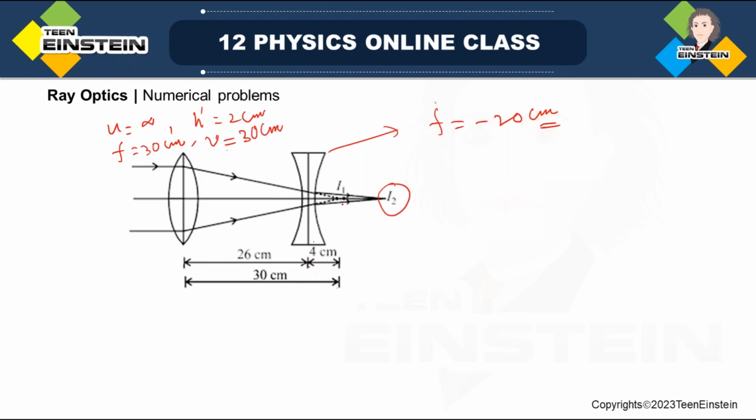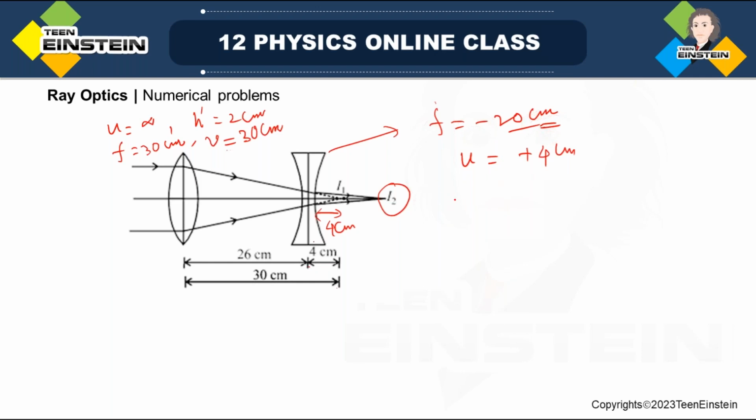So what is the object distance for the concave lens? It will be 4 centimeter, positive 4 centimeter, and the focal length is 20 centimeter. Now we have to find out where the image is forming.